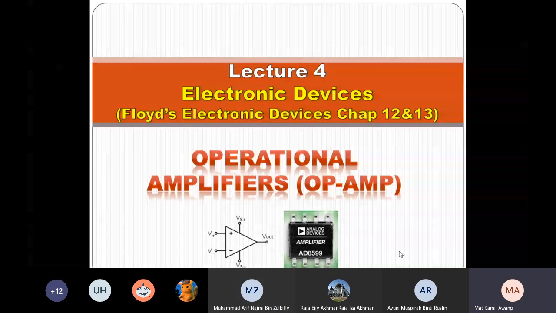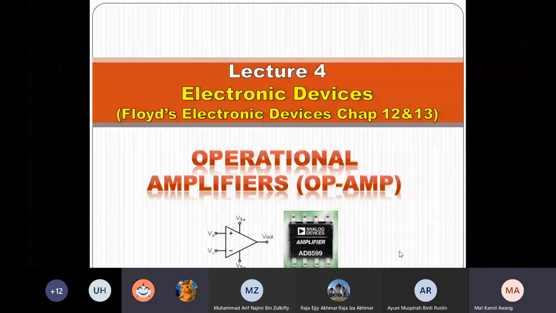And now we are going into the operational amplifier, which is in the IC form, the integrated form. Can you mute your mic so that it will not interfere? When you want to ask a question, then you can switch on your mic and ask.